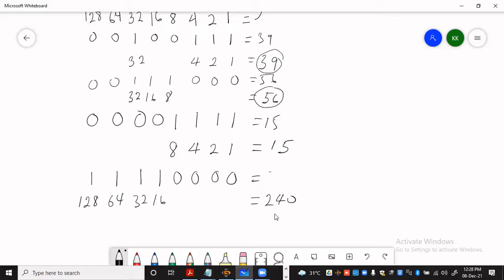So this is 240. Yes, 240. Now, usually there's a simple way to guess this one. Pay attention to this one, it's a trick.